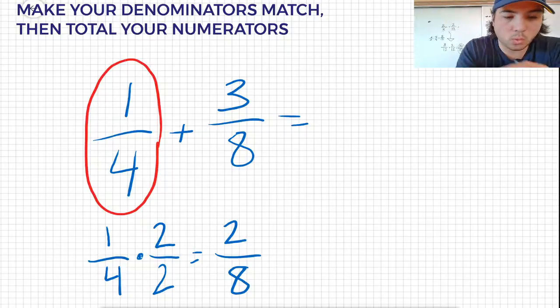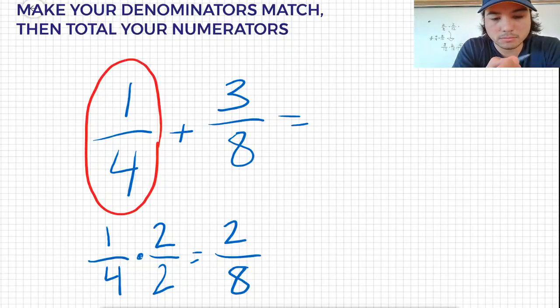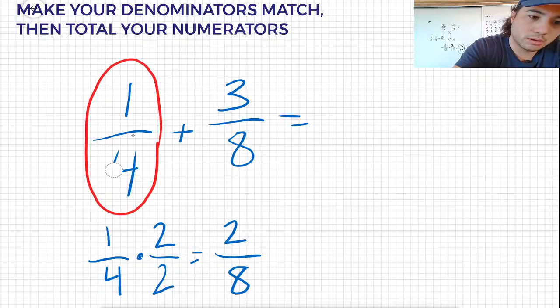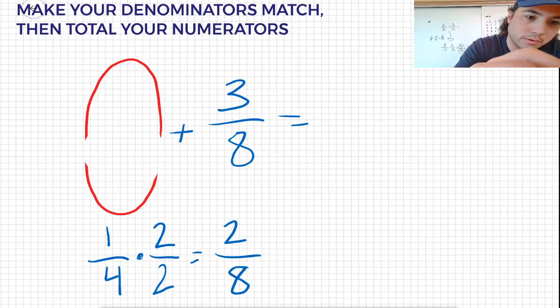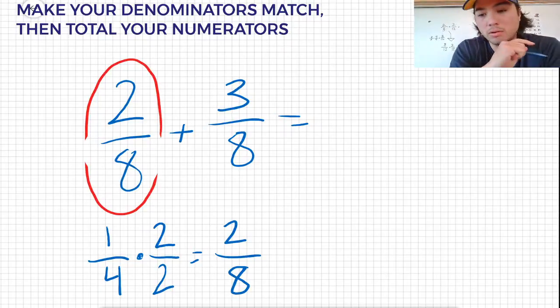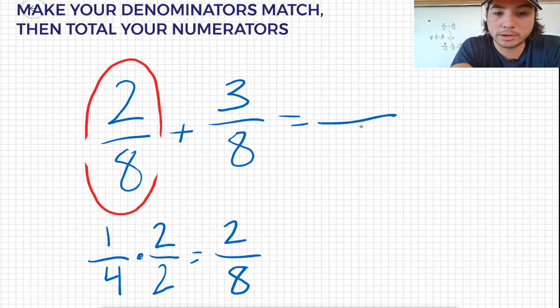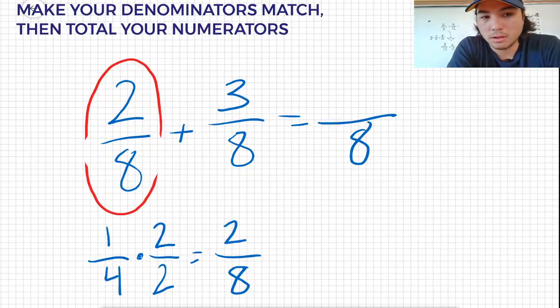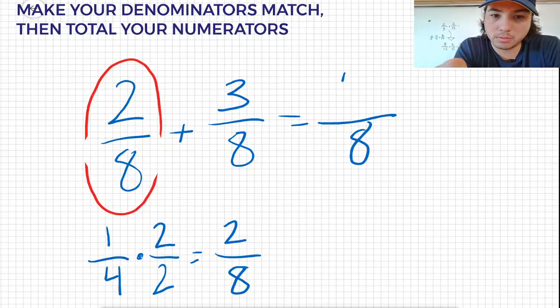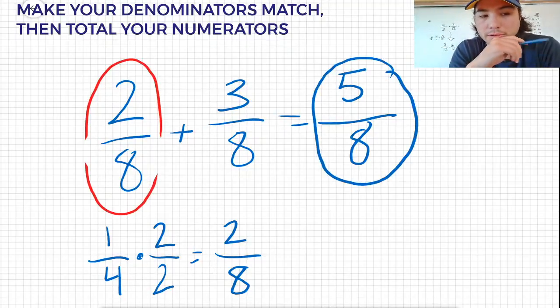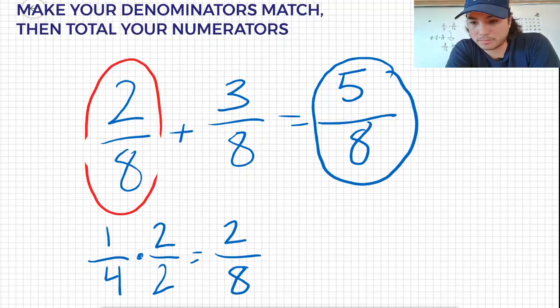So we know this 1/4, if we use our equivalence of 1, is in fact 2/8. And now that we have all the same denominator, we can keep that denominator the same and then just add up our 2/8 plus our 3/8 to equal 5/8 as our final answer.